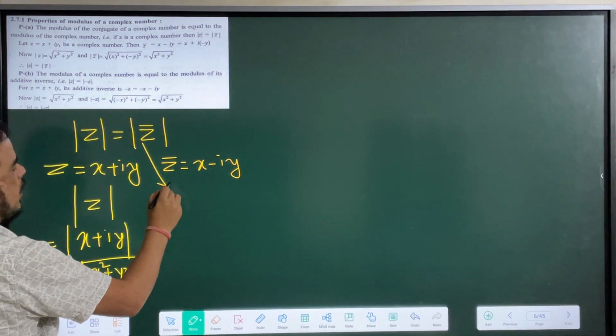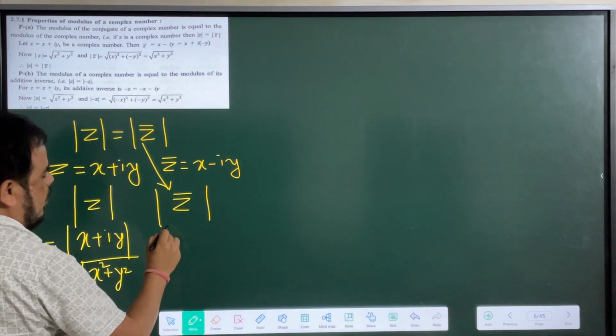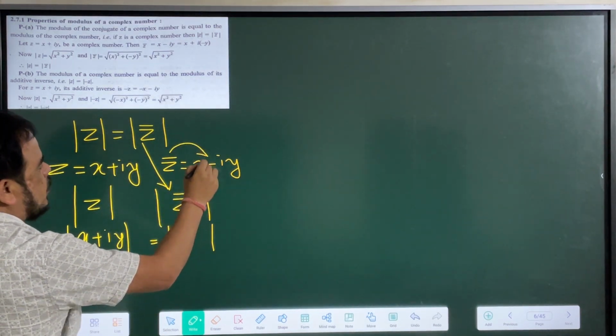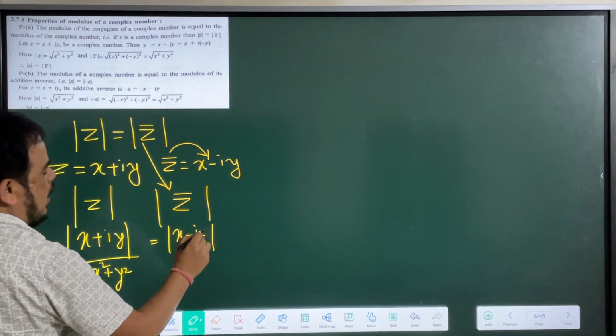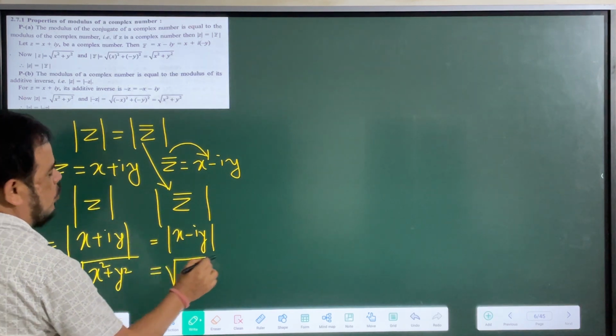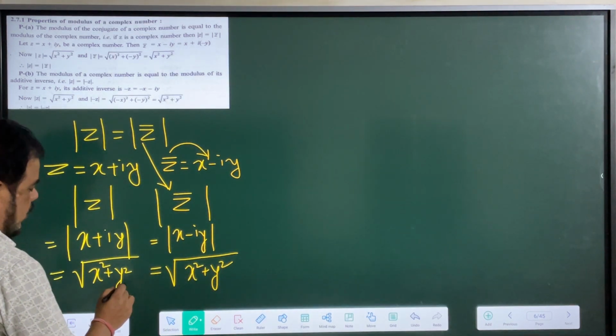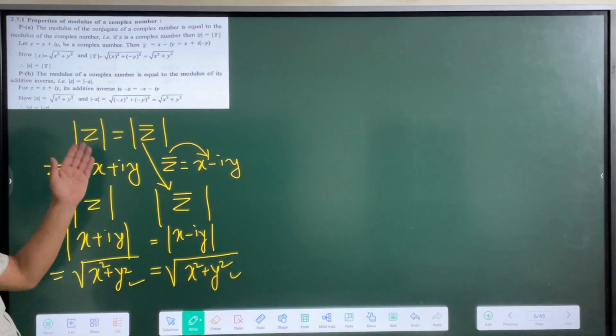Let us do the right hand side, modulus of z bar. Z bar is x minus iy, so modulus will always be plus, which I have already told you. So both are the same. That is why it is proved.